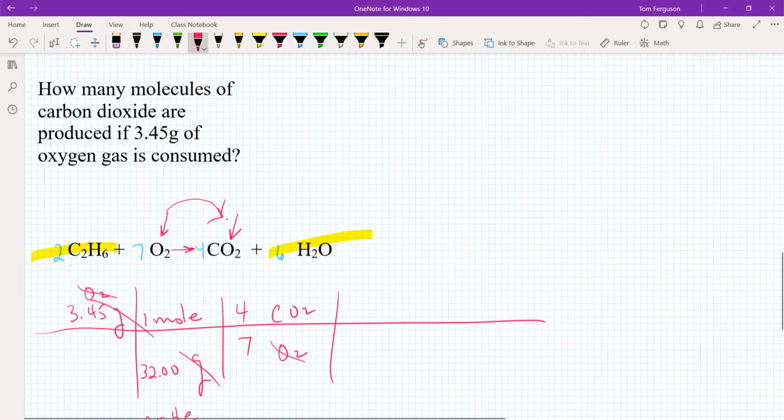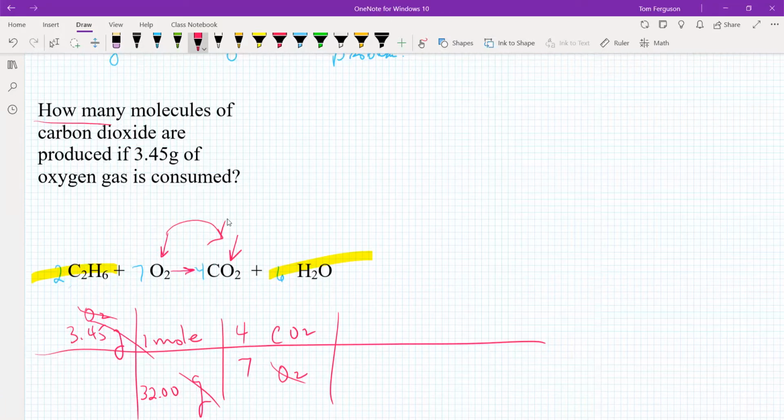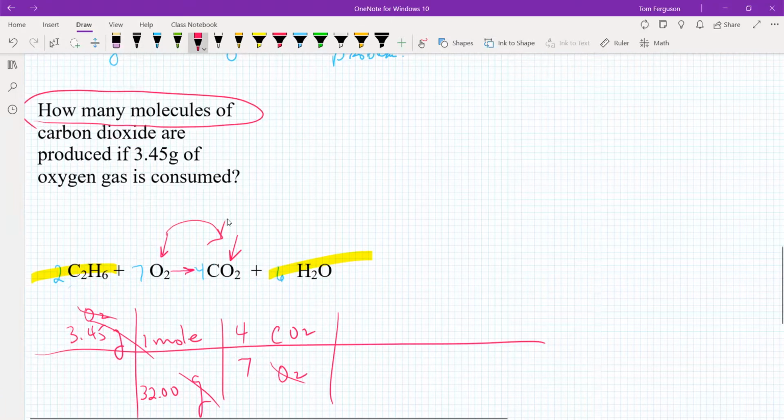Now, going back up here, we want to know how many molecules, not how many grams, but how many molecules. That is Avogadro's number, the 6.02 times 10 to the 23rd. Okay. And moles have got to be on the bottom, so it cancels.